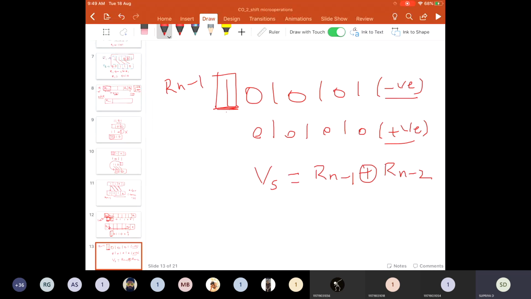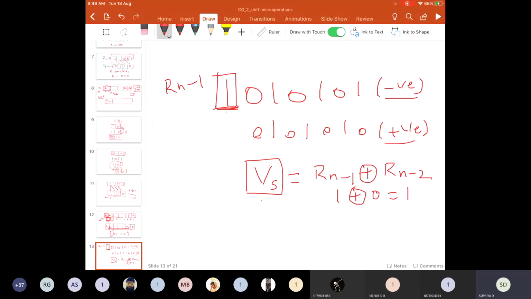Here it is 1 exclusive-OR 0. If the result is 1, then it means there is an overflow and a sign reversal occurs after the shift operation, and whatever overflow bit you got must be stored in this flip-flop Vs. If there is a sign reversal and overflow is expected, that must be stored in this register Vs.